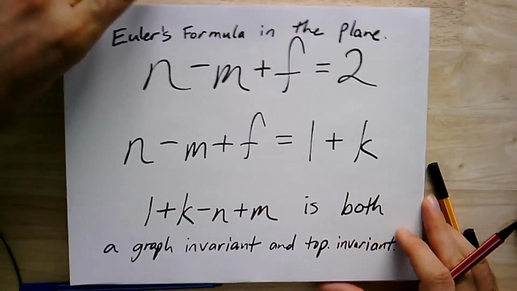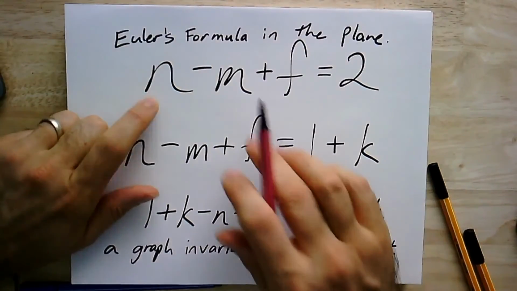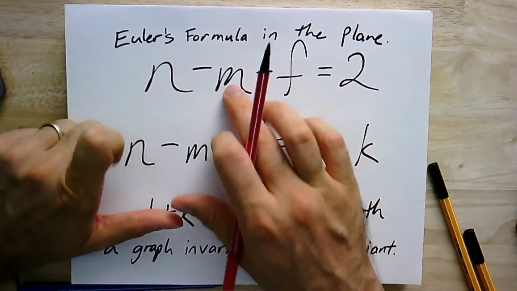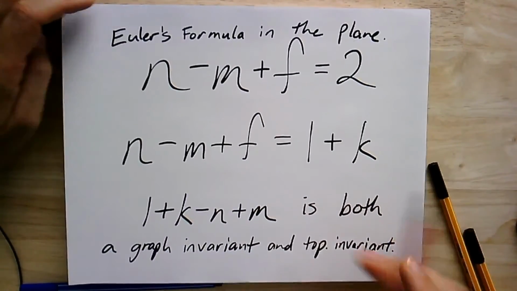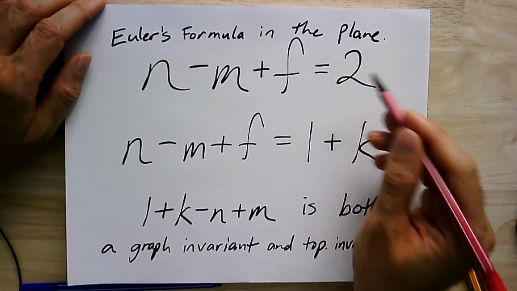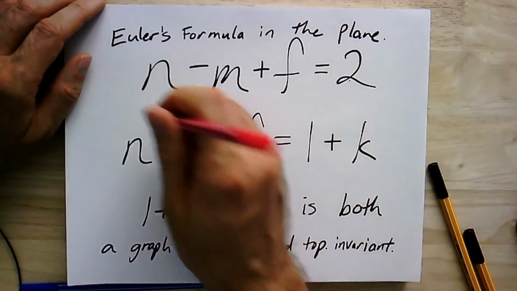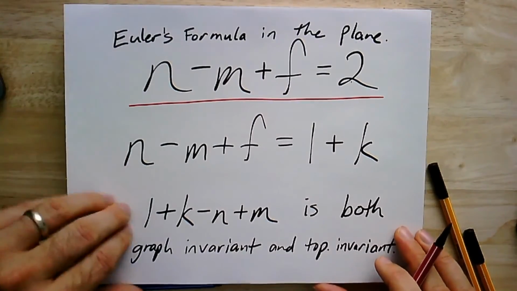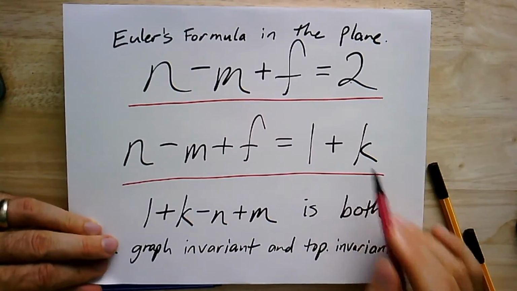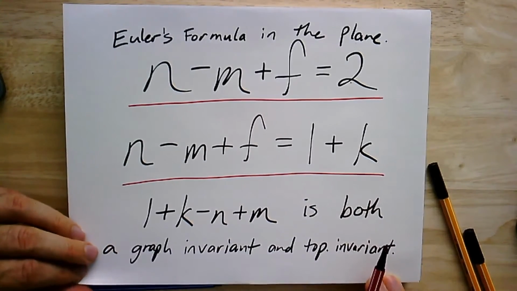So this is often the way you see it written, where n, m, and f are the number of vertices, edges, and faces. And for connected graphs, 1 plus the number of components is going to be 2. And this is maybe the most common way you see it written. And this is maybe the slightly more correct way, where k here is the number of components.